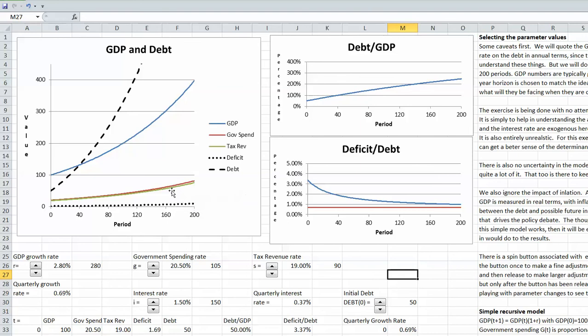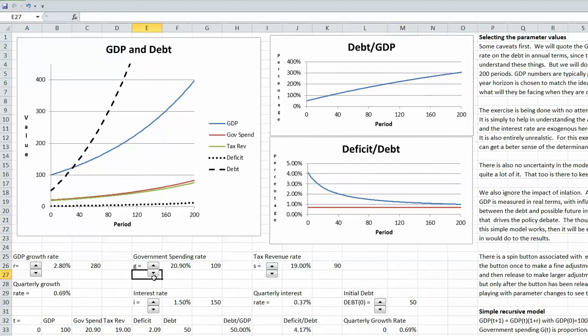The government spending and tax revenue curves are pretty closely related to each other. They're both assumed to be proportional to GDP, and that is just to make them, for simplicity, you can vary government spending independently of varying the tax, so they are not assumed to be related.